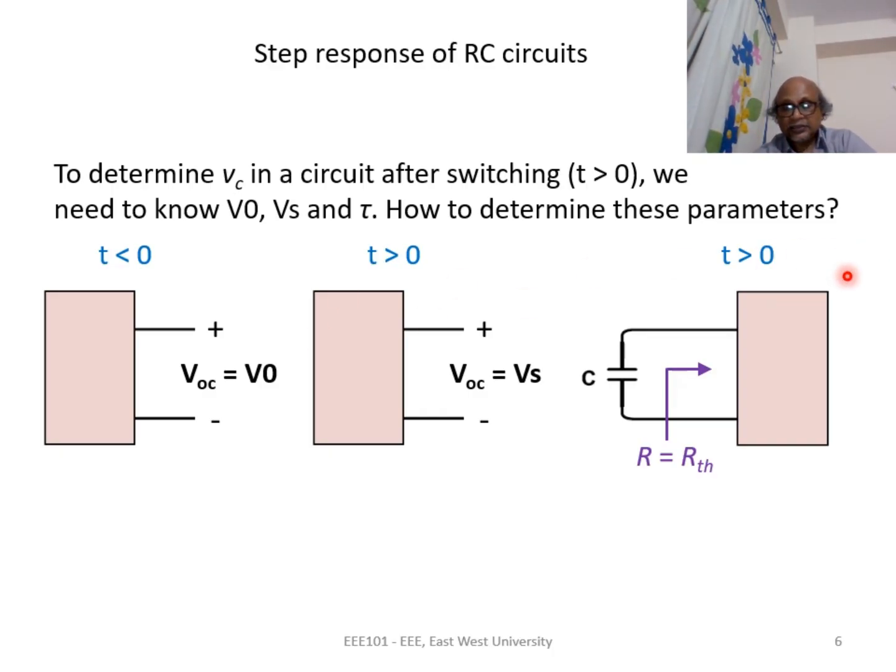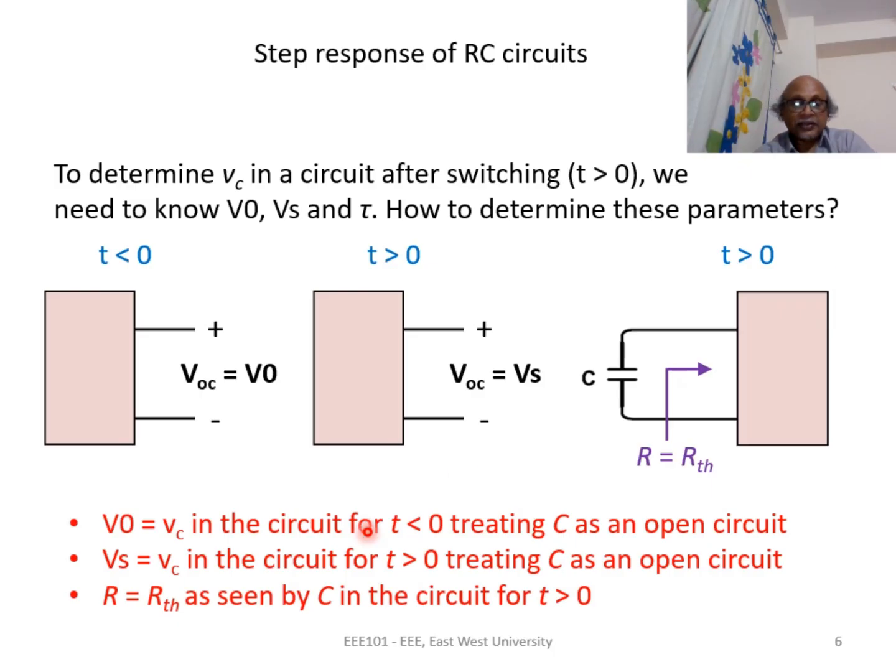These 3 points can be summarized in these 3 bullets. To find initial value, we look at the circuit for t less than 0, C is an open circuit. To find the final value Vs, we look at the circuit for t greater than 0, again C behaves as an open circuit, and R is equal to RTh seen by the capacitance in the circuit for t greater than 0.